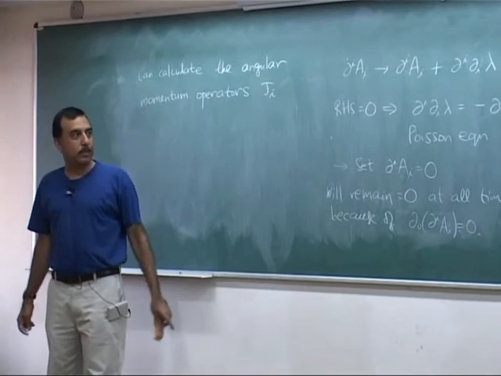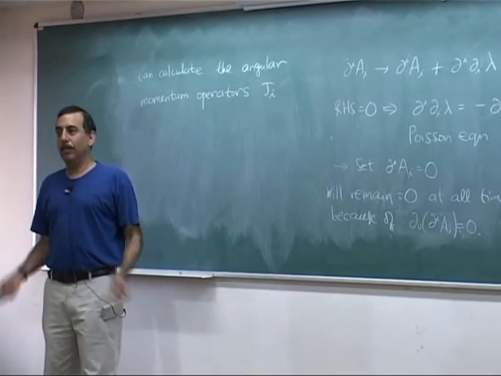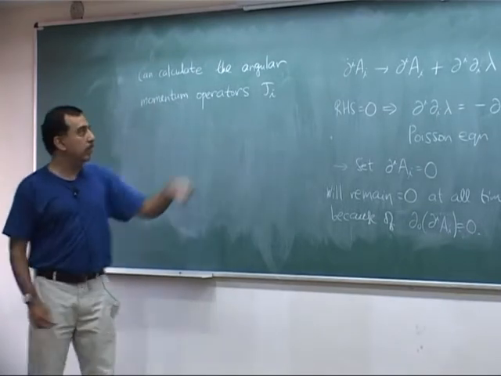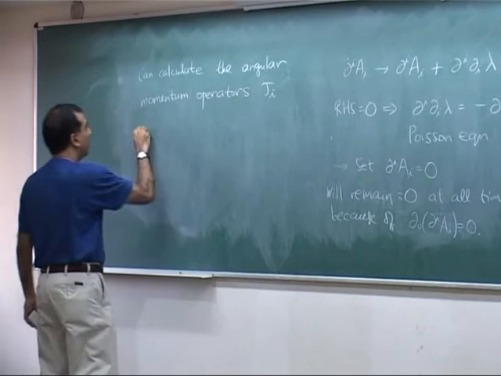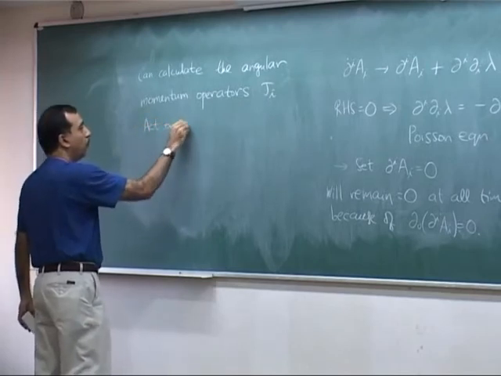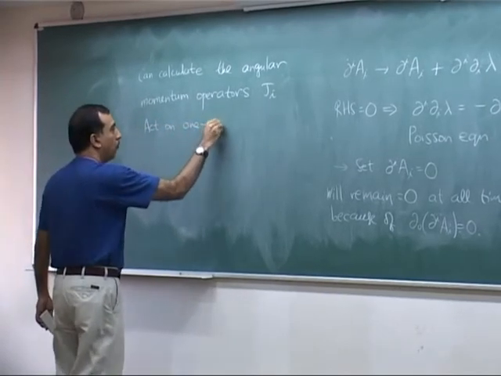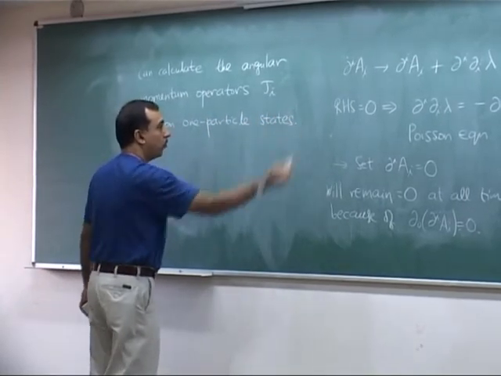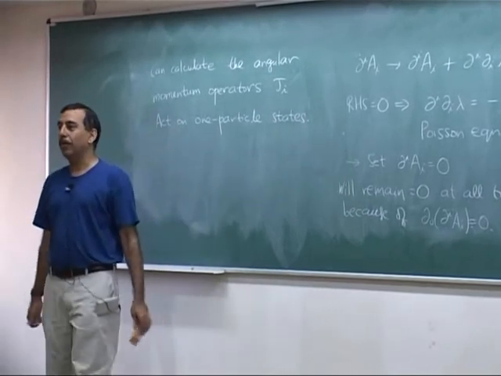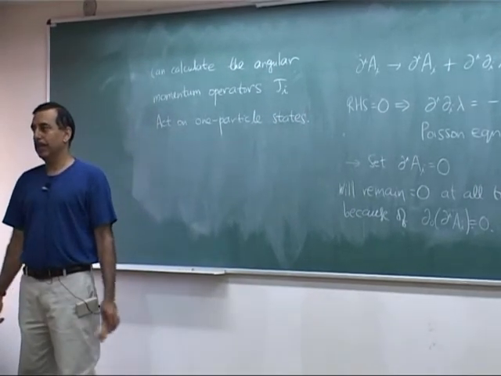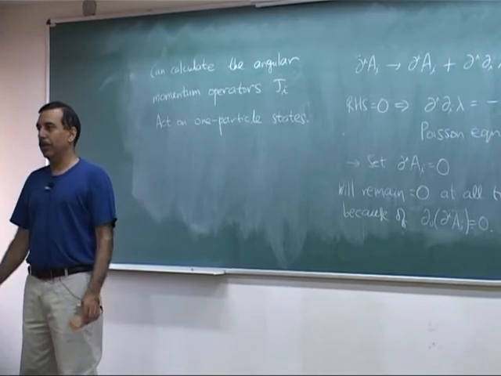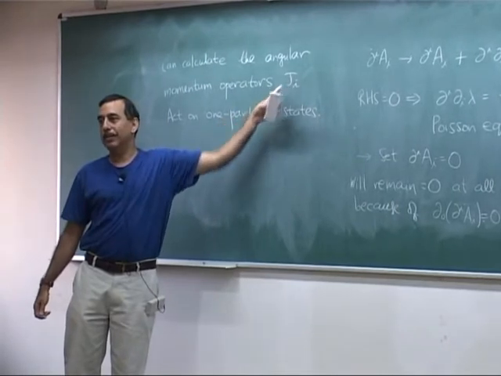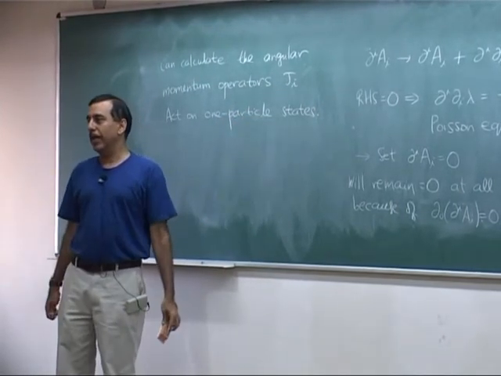When you quantize this system, you obviously have the vacuum state, 1 particle, 2 particle, 3 particle states. But let's act with these on the 1 particle state. Now a 1 particle state cannot have orbital angular momentum simply. Okay? There is nothing to orbit around. So if you get any answer by calculating, for example, the total J squared on this, that answer must be the spin.